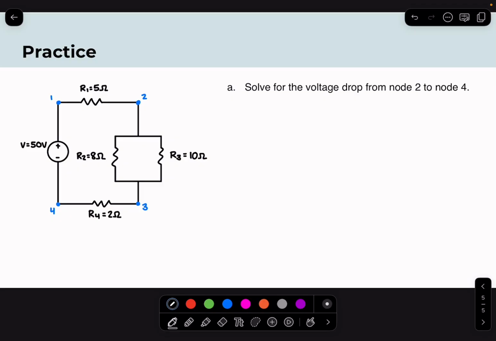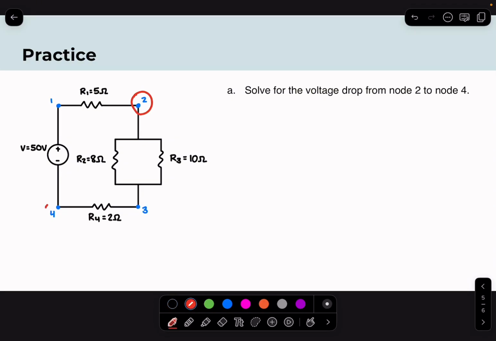Here we want to solve for the voltage drop from node 2 to node 4, which means V out is effectively V24. So then the Rx is going to be the equivalent resistance from node 2 to node 4.